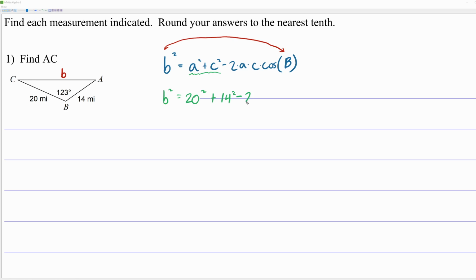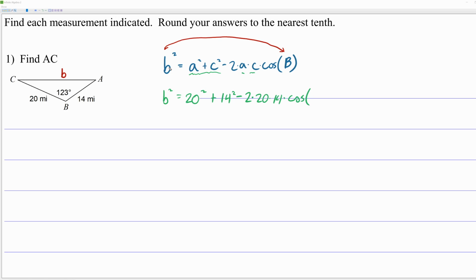minus 2 times, well, a and c, that's the same two sides that we just used. So that's 20 times 14 times the cosine of, well, what angle are we talking about? Well, if you analyze the entire formula, if you're looking for b squared, this little red double-sided arrow I have at the top, remember, these are corresponding to each other.